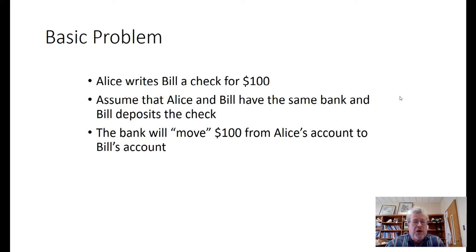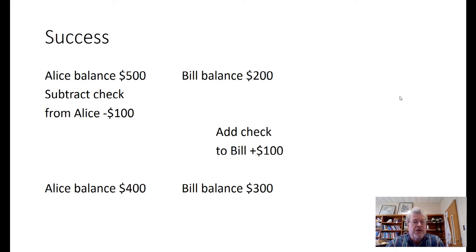So I want to take our basic problem that we saw a couple lectures ago that set up the idea of a transaction. Alice writes Bill a check for $100. We'll assume that Alice and Bill have the same bank, and Bill deposits the check. The bank will then move $100 from Alice's account to Bill's account. It'll look something like this in the successful case, which is of course typical.